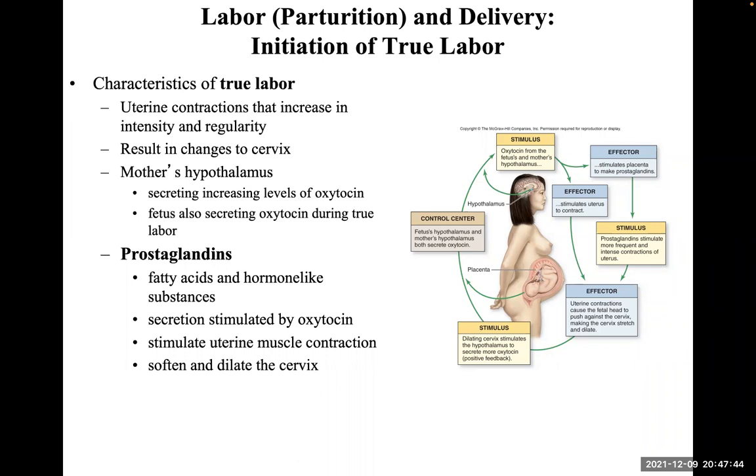So as the fetus pushes harder and harder against the cervix, you get more and more oxytocin being secreted, which causes stronger and stronger uterine contractions up until the point where the fetus is delivered. And then the delivery of the fetus stops the process by which the hypothalamus secretes large amounts of oxytocin.